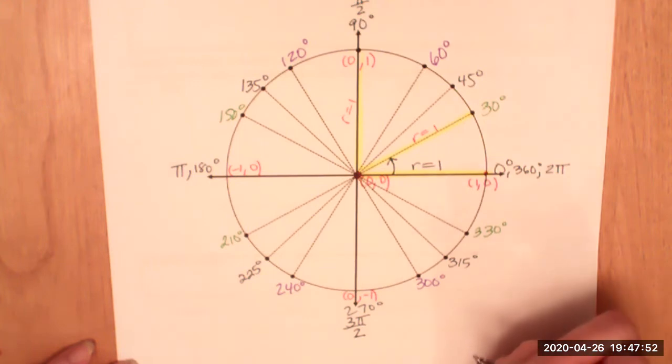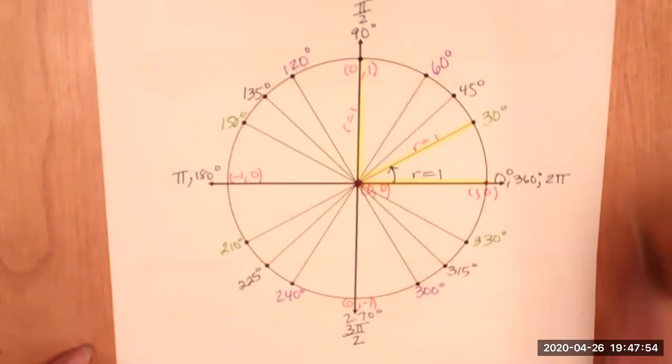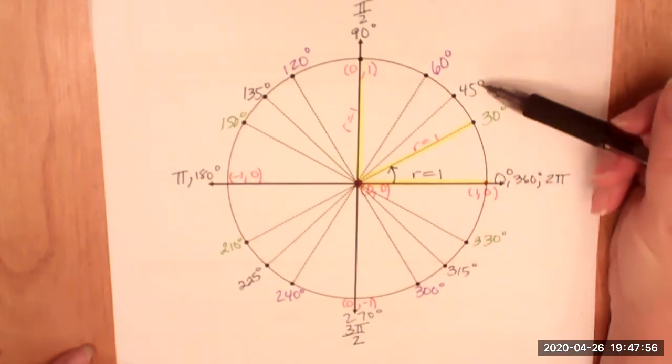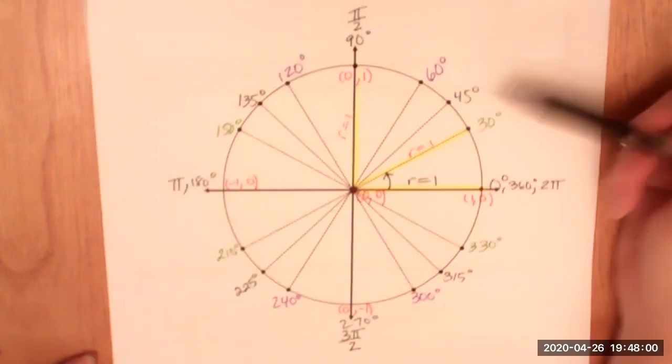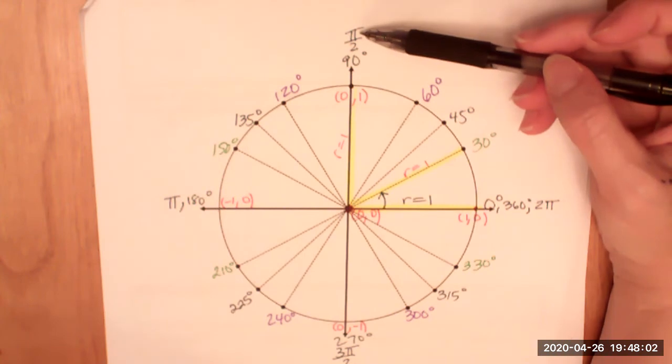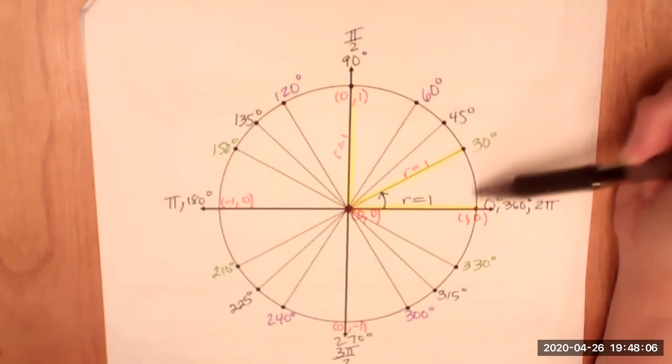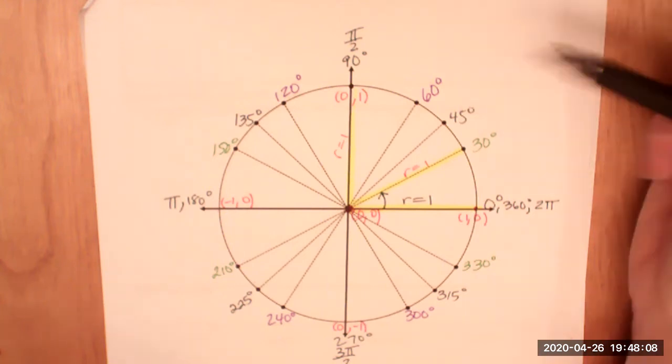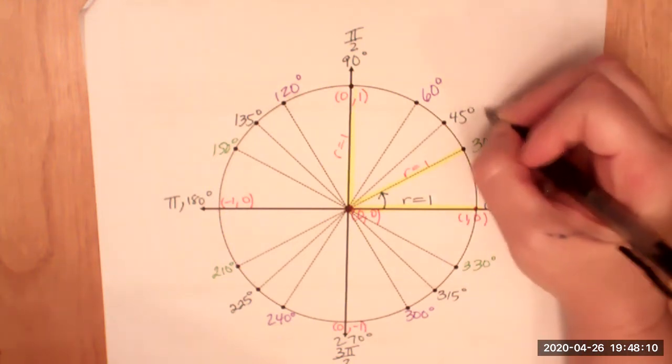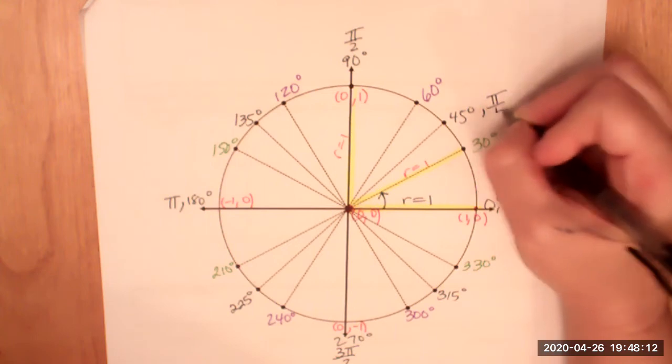All right, so now let's label 45 degrees and their multiples in terms of radians. We saw this already, that halfway between 1/2 and 0 is 1/4, right? So this is 1/4 of pi, or we say pi over 4.